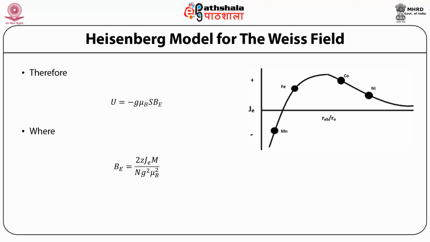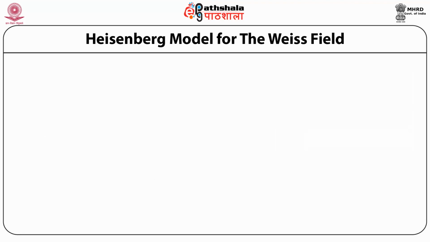So manganese can also be converted into ferromagnetic, but we have to dope it with either antimony, copper or arsenic. So this curve is technologically important if we want to achieve ferromagnetism from paramagnetism.